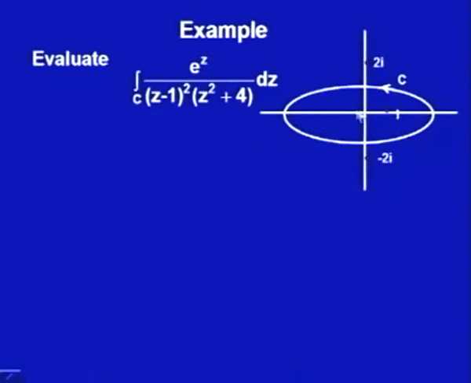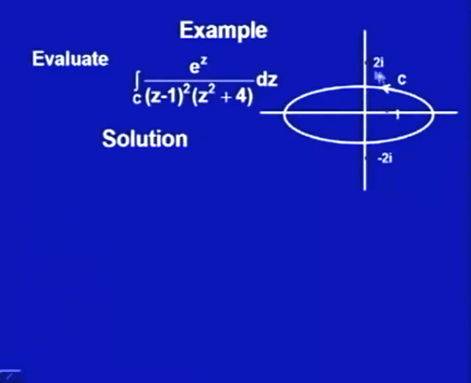The function has points of non-analyticity, but the only point inside is 1, and the points 2i and minus 2i are not interior to the closed contour C.